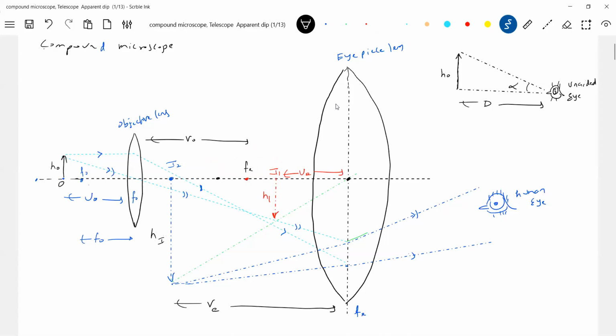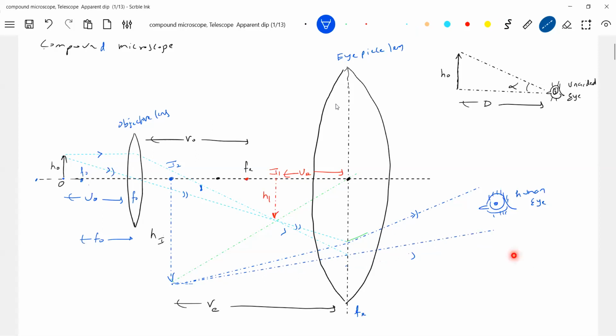This ray, I should bend it. Yeah, fine. Okay, this is the thing.